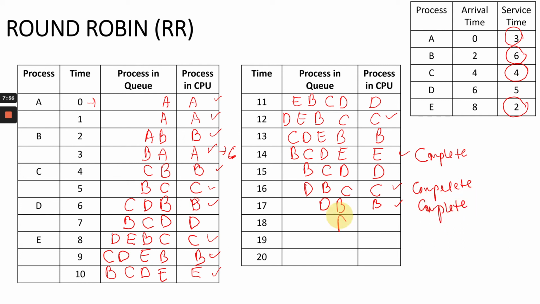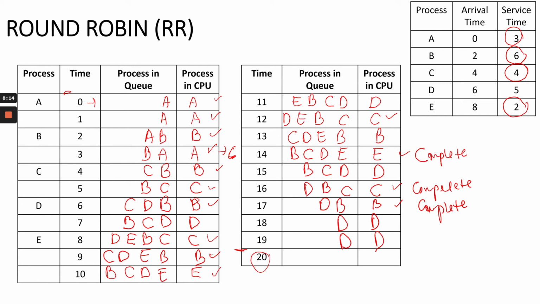Now the only remaining process is process D. Because we start from time 0, the time 20 here is just to show the finish time of process D.